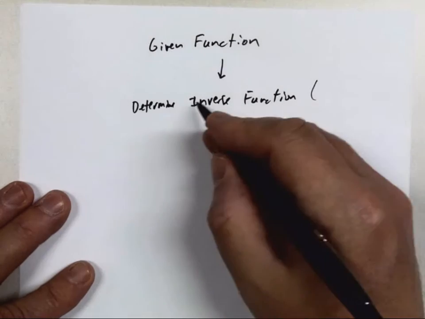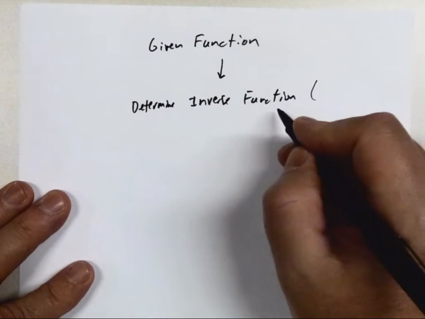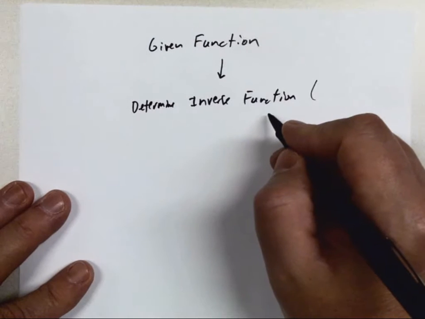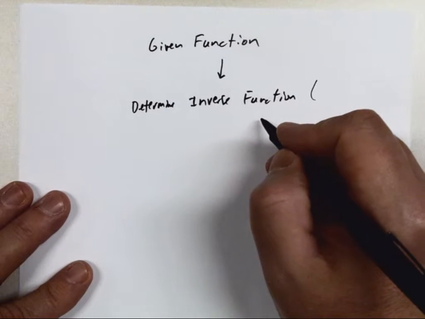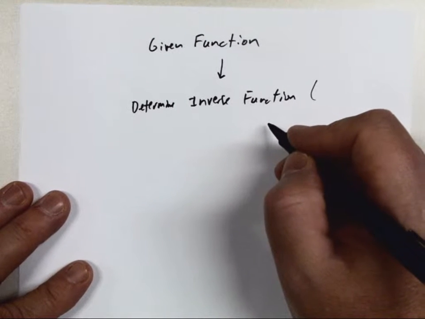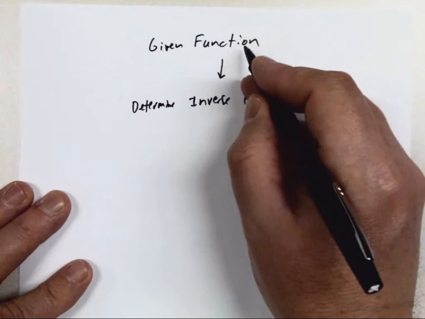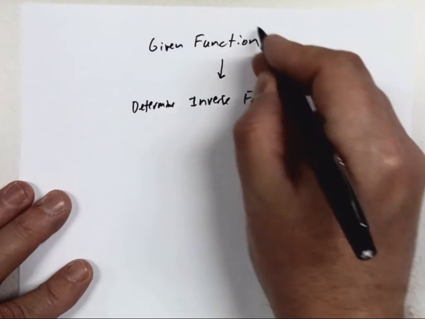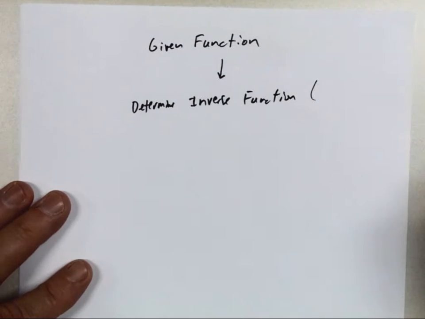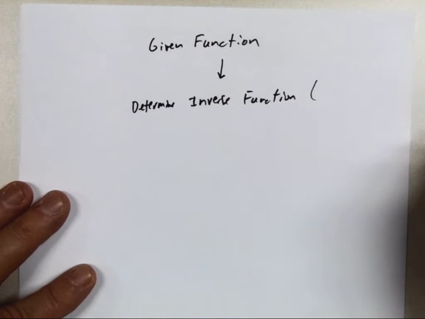Now the question is, when you determine this inverse function, is this inverse really actually a function? I started with a function. In other words, I started with something that obeys all the rules about being a function. But when I take the inverse, is the inverse a function?